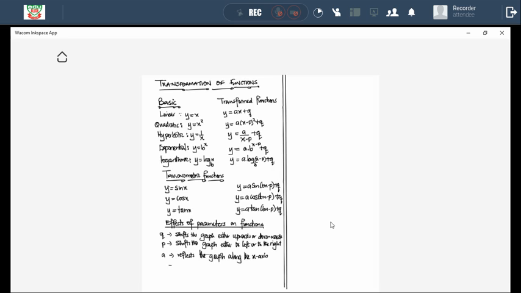Then also it narrows or stretches the graph outward. This is basically what we did in the lower grades.